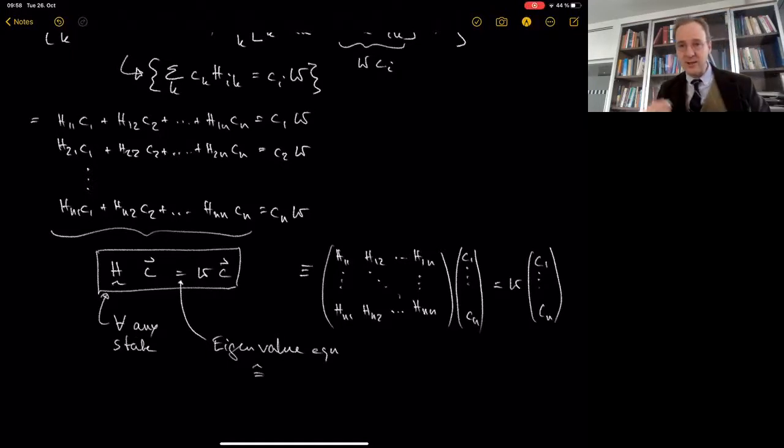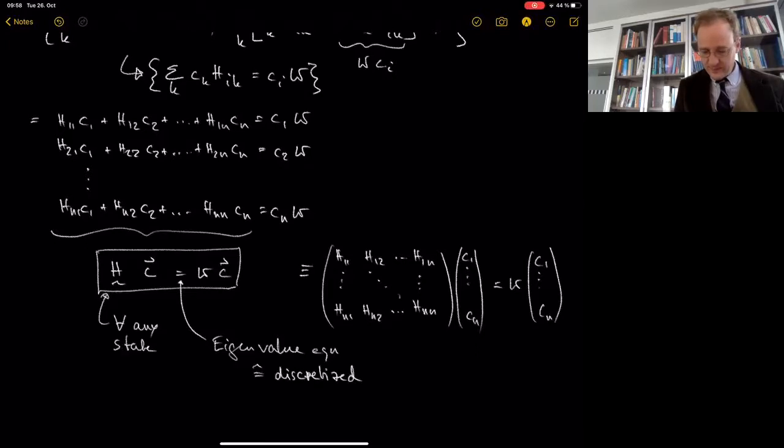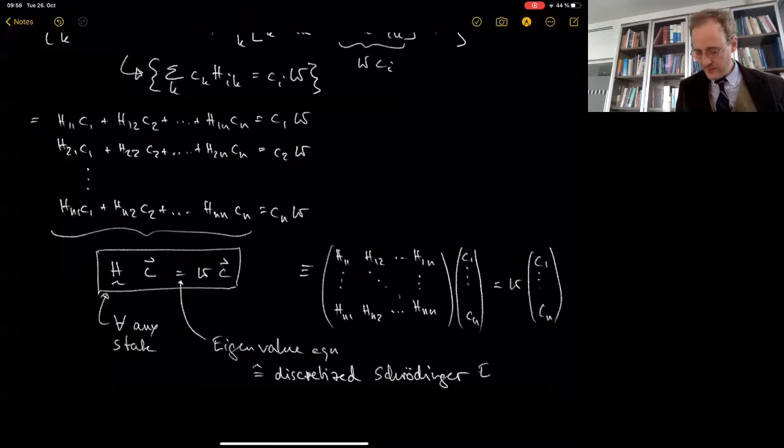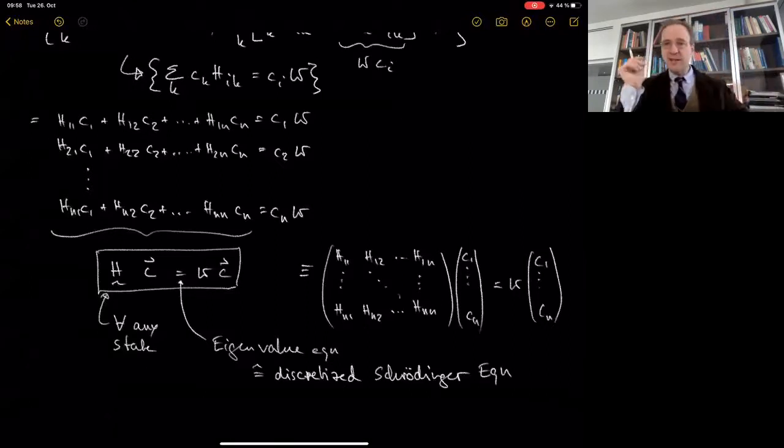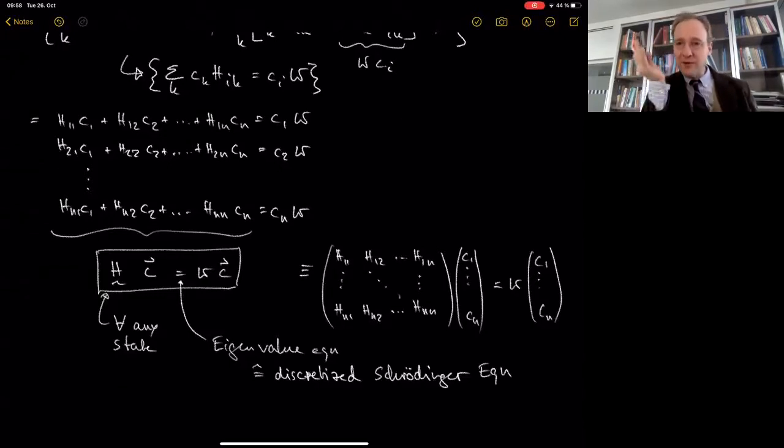The C's correspond to your wave function. It is nothing else than the discretized Schrödinger equation. If you solve this equation for your coefficients, you've solved the variational problem, you've solved the Schrödinger equation. That's how it all comes together, okay?